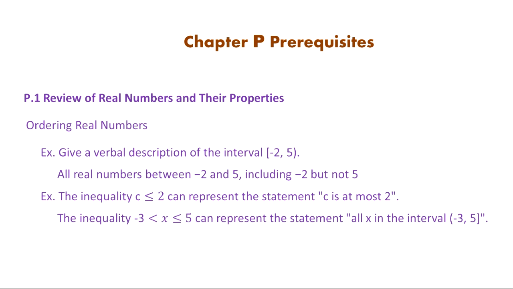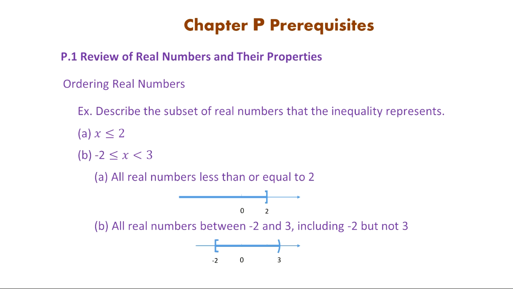So this is very similar to the graphical representation in the previous page, right? It includes all the numbers between -2 and 5, including -2, but not 5. Just like the same thing in part B of the previous example here.